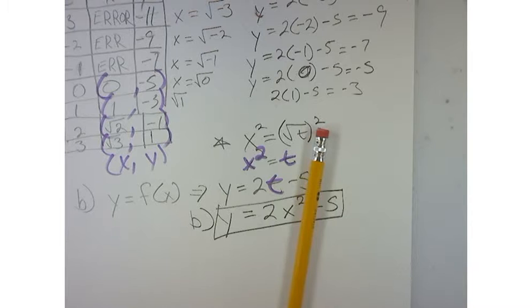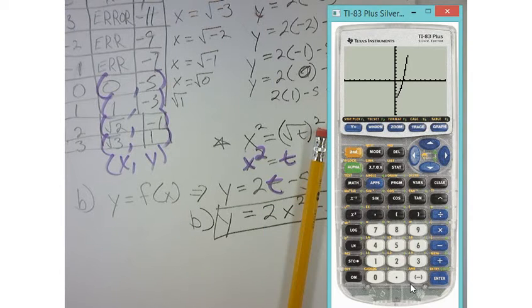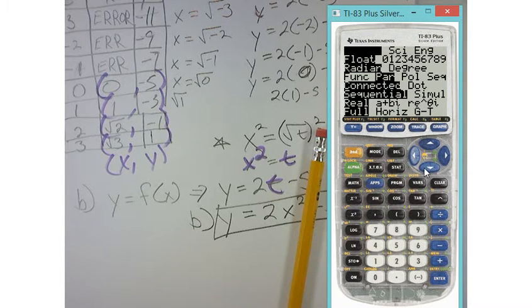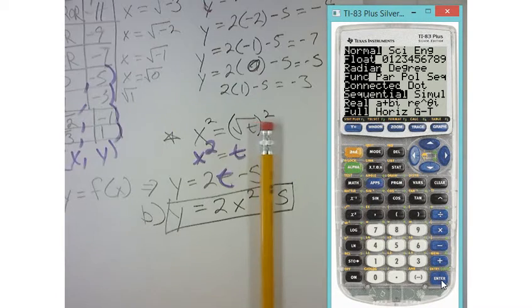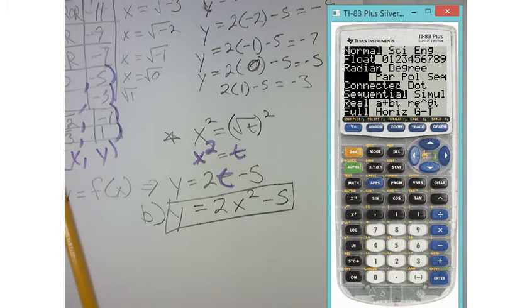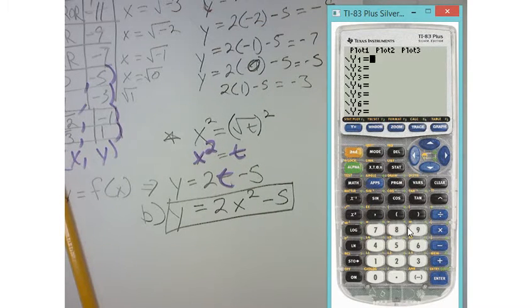And so just to verify that, so you guys know that I'm not making that up, this is the graph of my parametric equation. However, if I go in here and I switch to function mode and I graph 2x squared minus 5, I will get a parabola, but I'll get the full parabola.